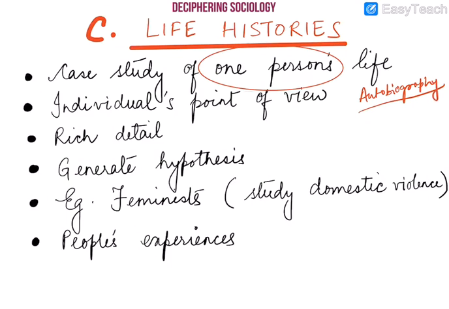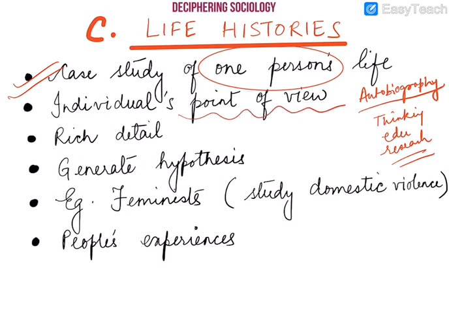Then we can know about their thinking, their perspective, their upbringing, their education, their research, everything we come to know about this case study. We also know about the individual's point of view. How would he or she react in a particular situation? That is derived from their life history.